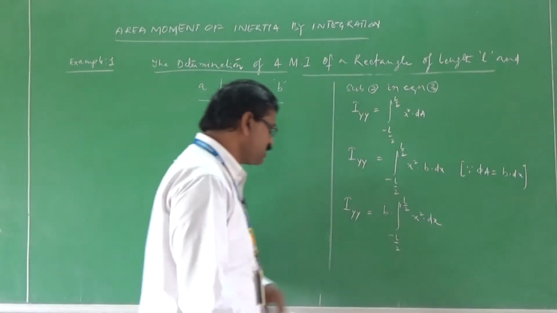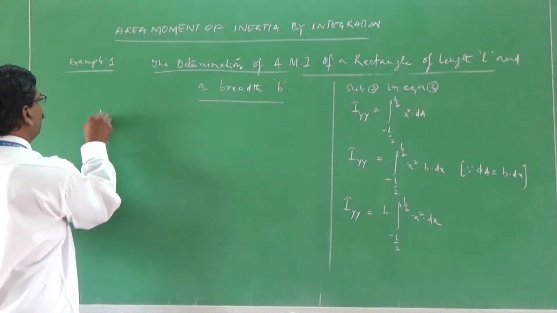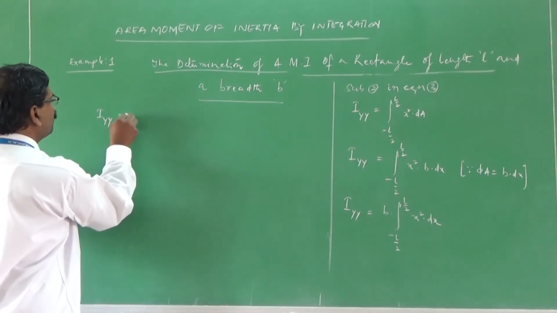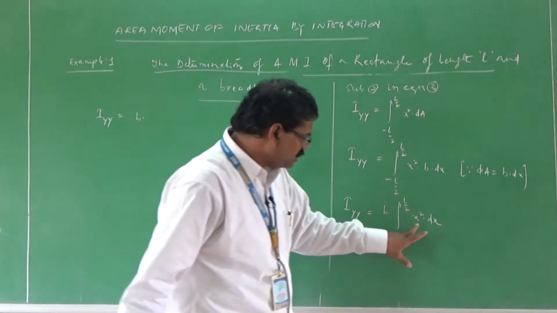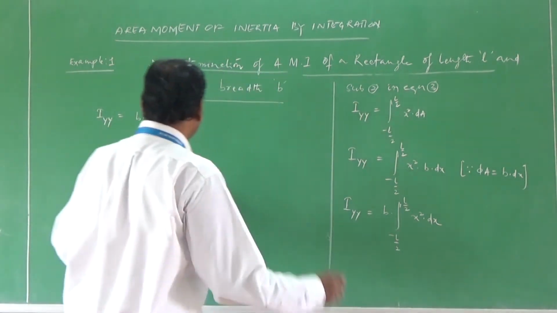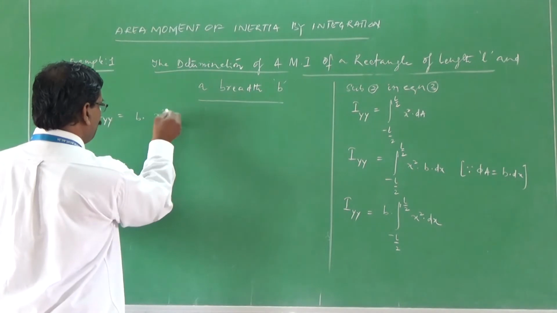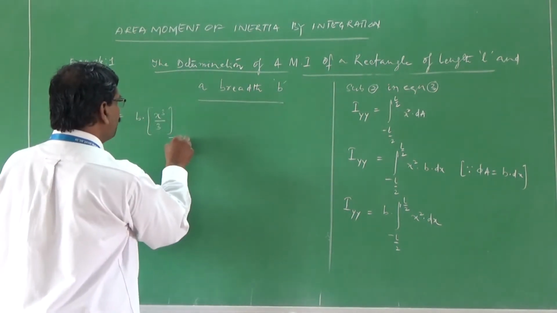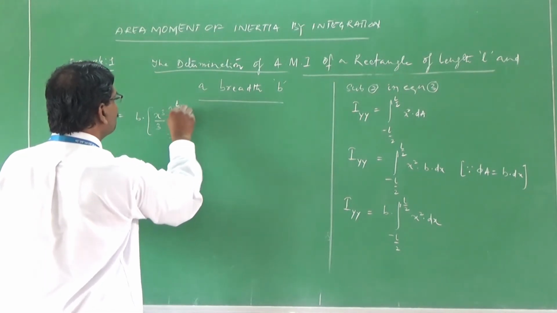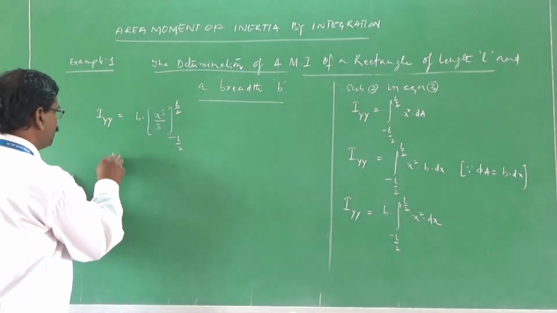After simplifying this, we will get I_y is equal to b into integral x square, which is how much? x cube by 3, in between the limits minus L by 2 to plus L by 2. Now I am simplifying this.